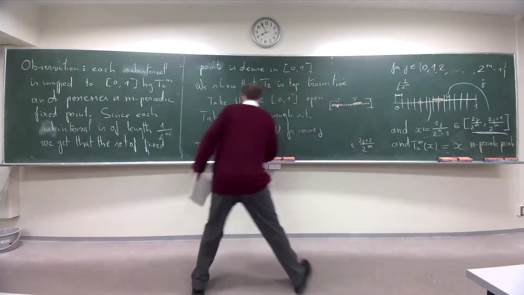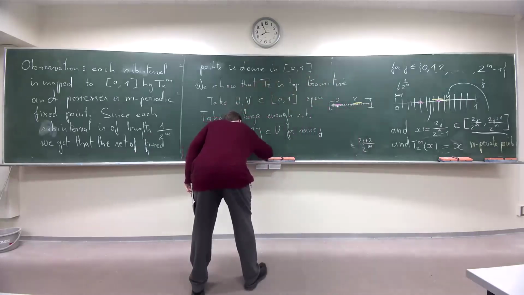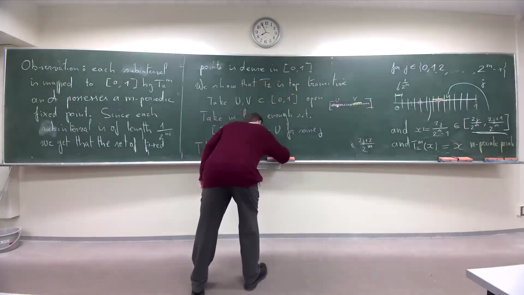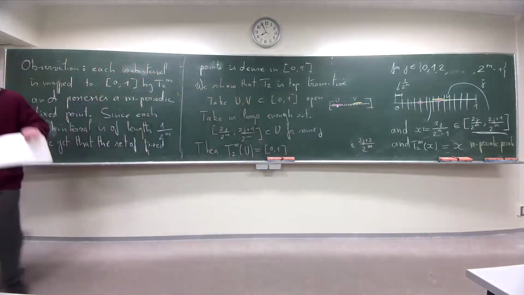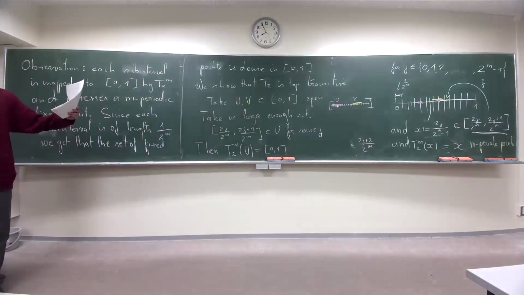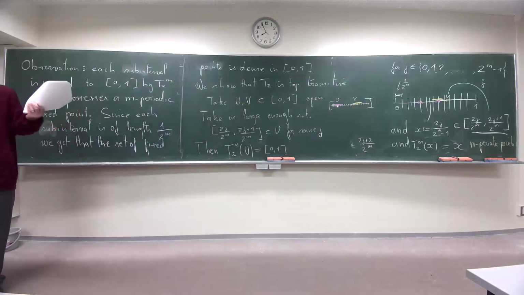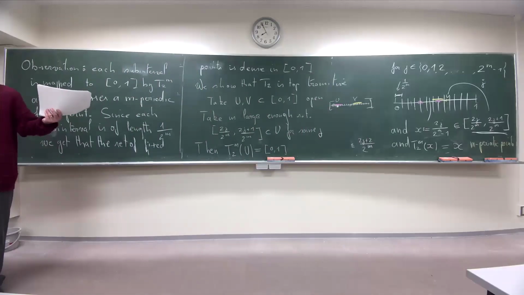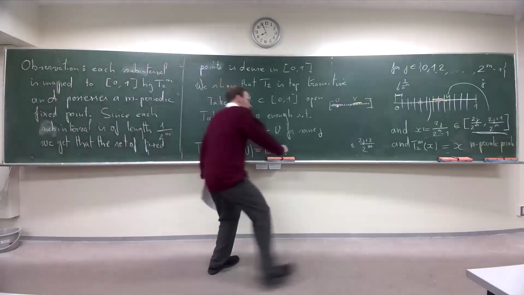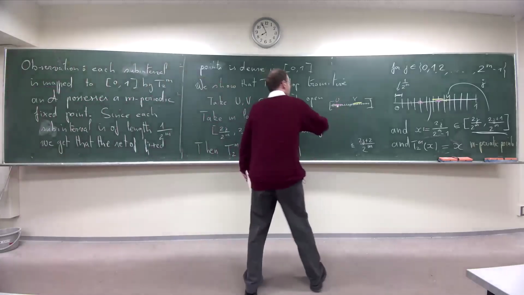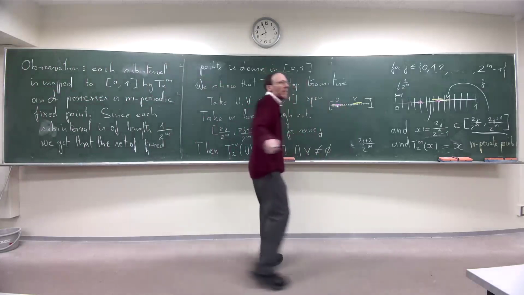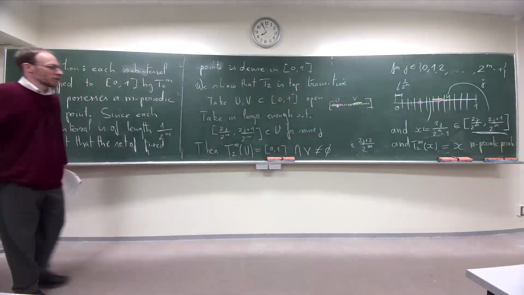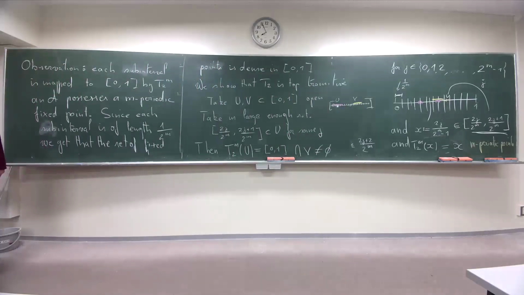So it means Tm of U is everything, because it contains a small interval which goes already everywhere. So in particular, a bigger interval goes everywhere. I finish my argument. So it means U intersect V, of course, is not empty, because V is inside 0, 1. And so we check explicitly that it is topologically transitive.